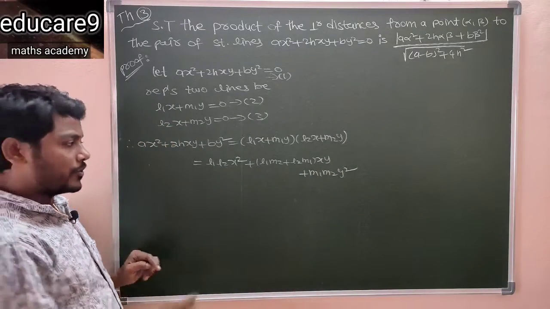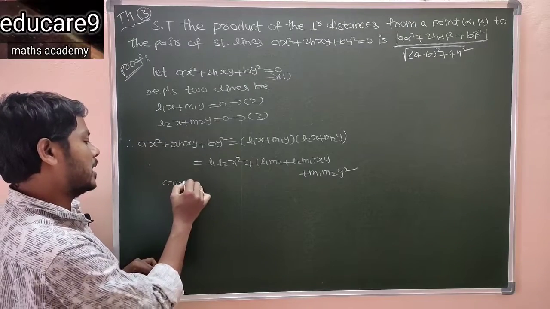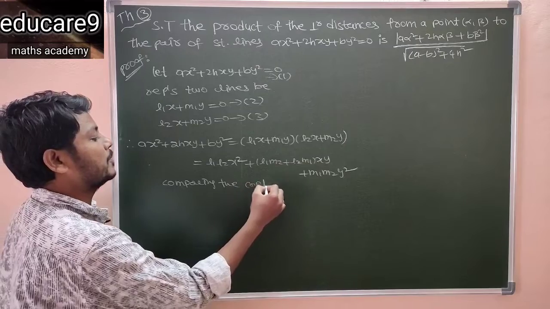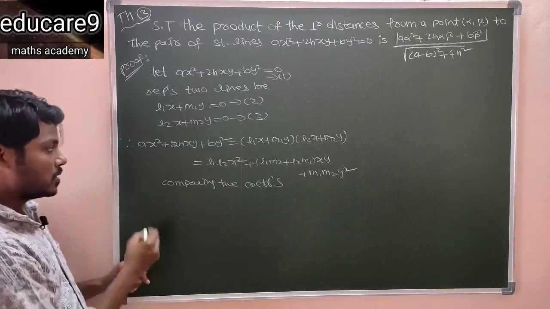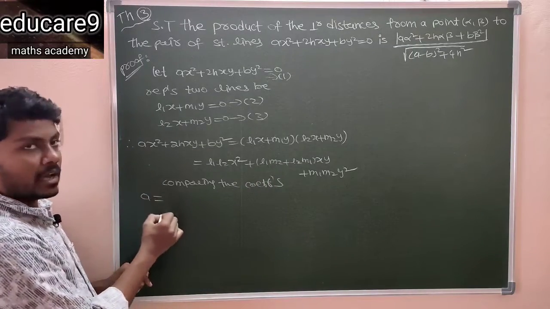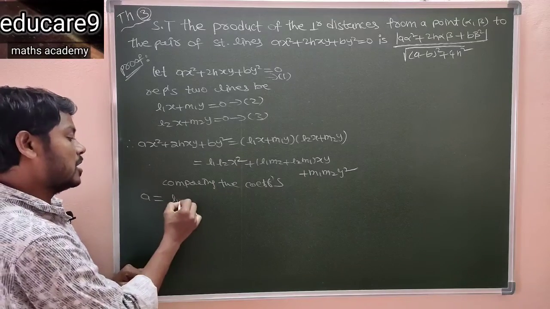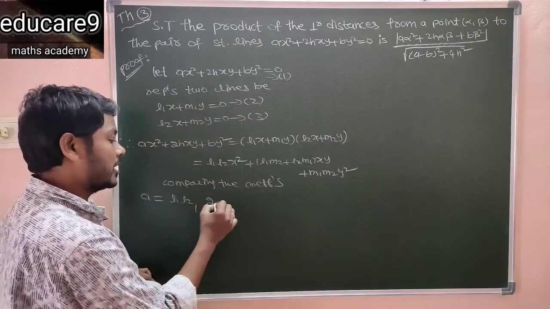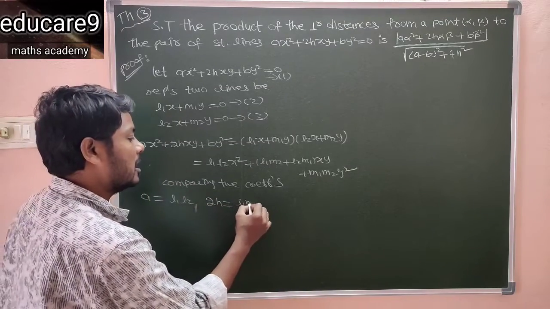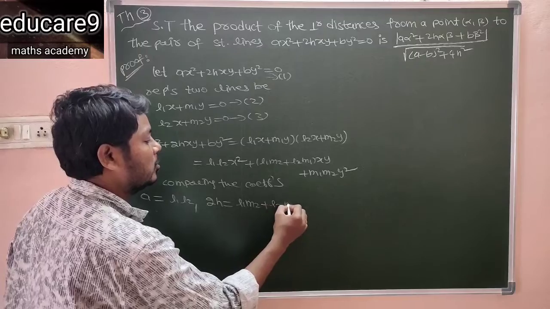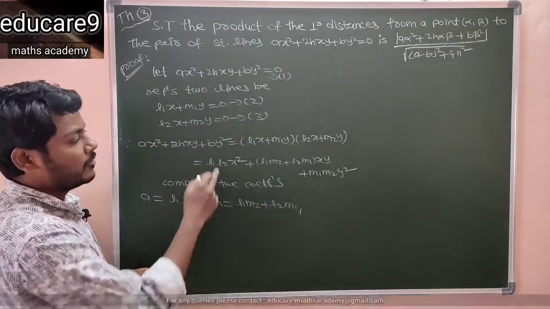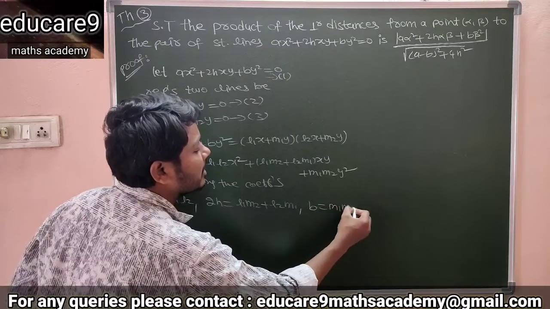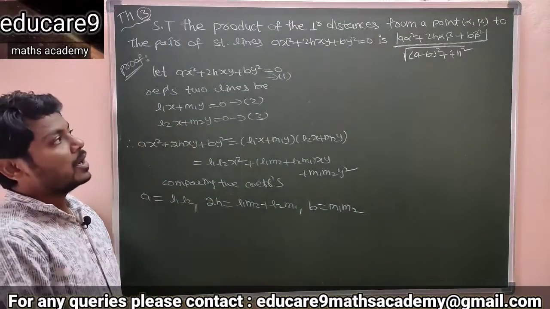Now comparing the coefficients: the x square coefficient is a on the LHS and L1 L2 on the RHS. The xy coefficient is 2h on the LHS and L1 M2 plus L2 M1 on the RHS. Next, the y square coefficient on the LHS is b, on the RHS it is M1 M2.